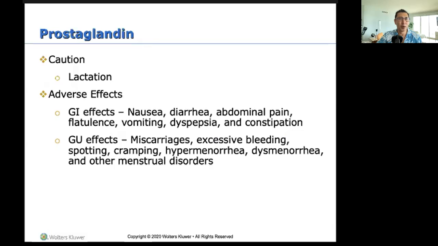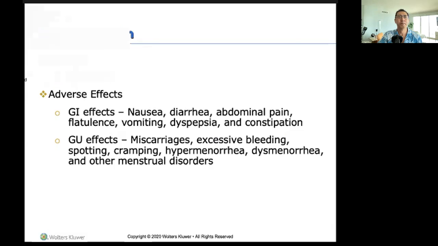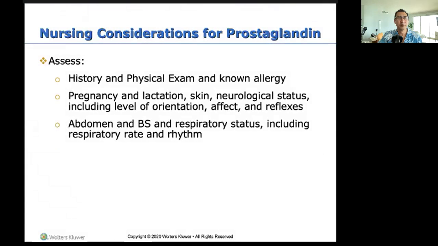This is a no-no for pregnant or lactating women. Use something else. There are 4 other classifications that they can use, but not this one. This is not for them. So to assess, the generic information applies, except for pregnancy and lactation. If they are pregnant or lactating, then they need something else.